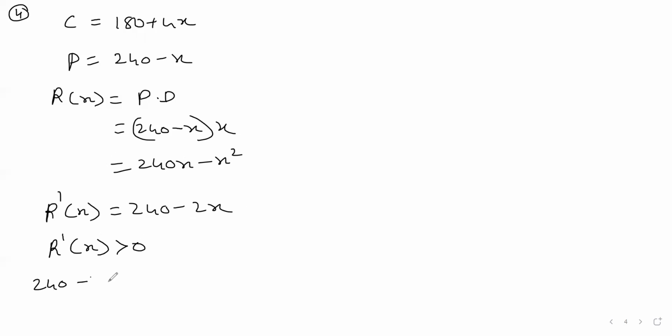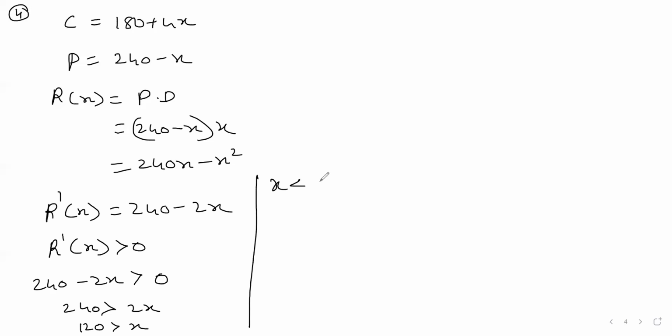So 240 - 2x should be greater than 0. 240 should be greater than 2x. 120 should be greater than x, or x should be less than 120. The revenue is increasing at x less than 120.